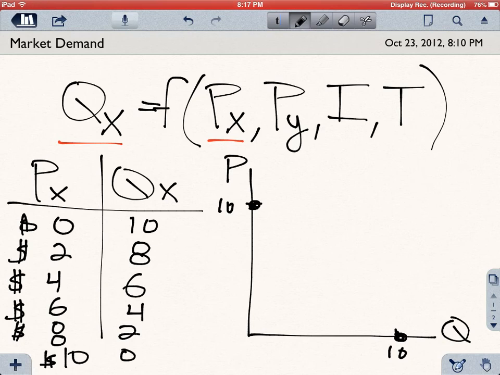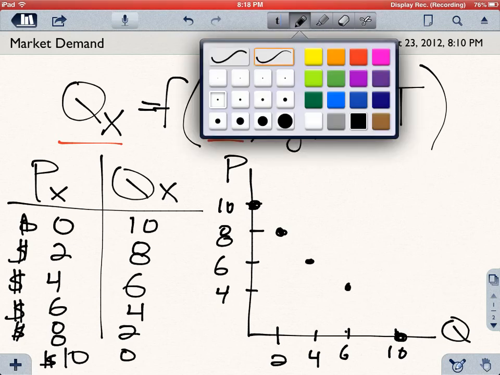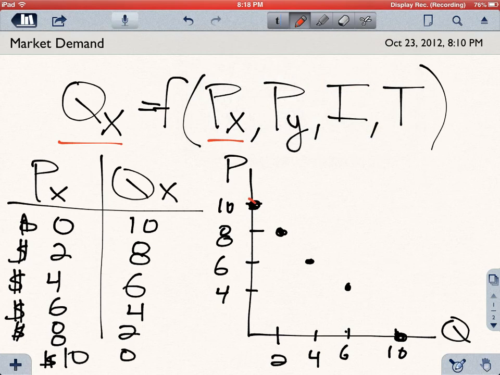When the price of tomatoes is 8, you demand 2 tomatoes, so that will be the second point. When the price of tomatoes is 6, you demand 4 tomatoes. When the price of tomatoes is 4, you demand 6 tomatoes, and so forth. And by connecting all those points, then you have the same information in what we call the demand curve.